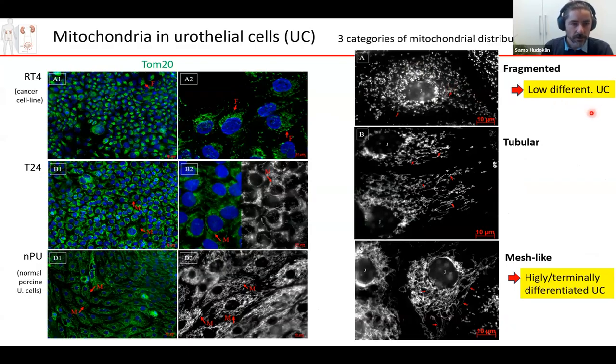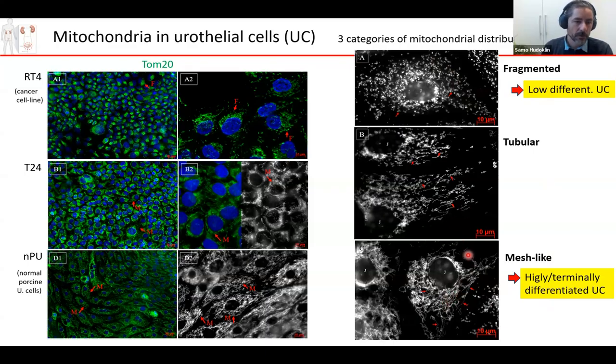In low differentiated urothelial cells, mitochondria are fragmented, smaller dots, and then when you go further towards highly or terminally differentiated cells, you have mitochondria as a network, right?